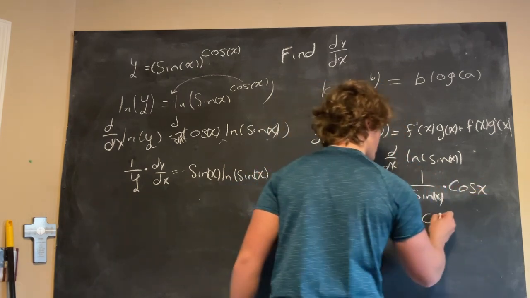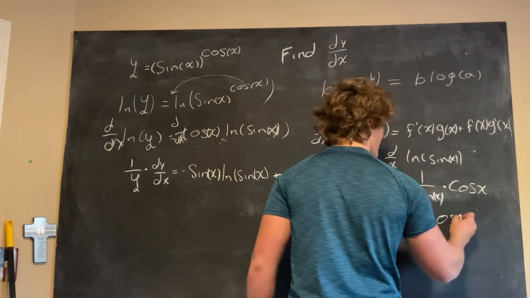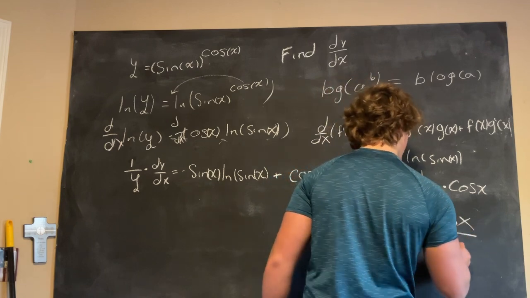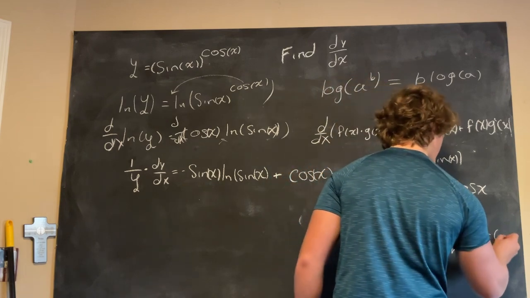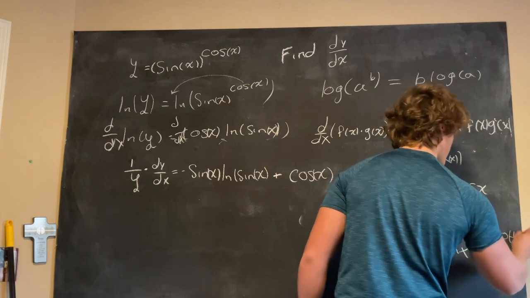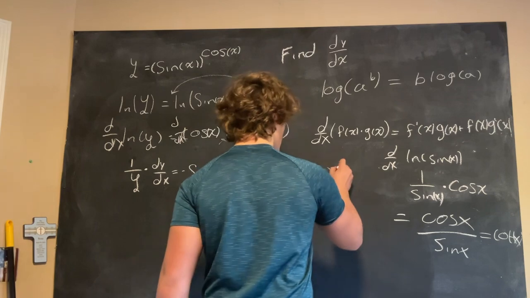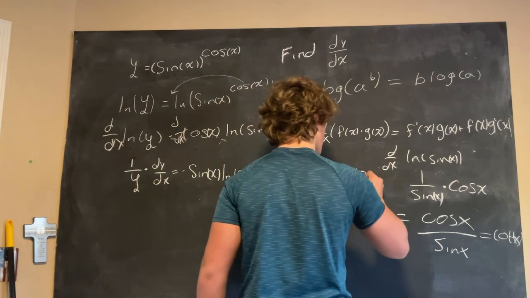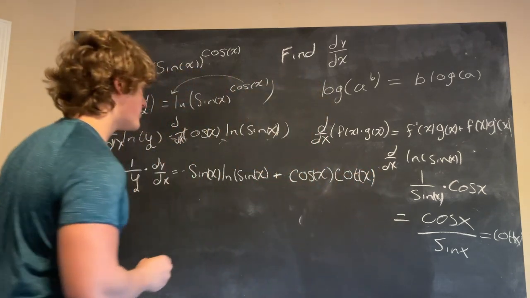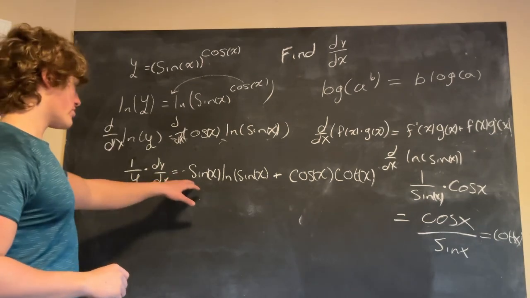So this is cosine x divided by sine of x, which is also just cotangent of x. So now this is cosine x times cotangent of x. So we have our derivative on this side.